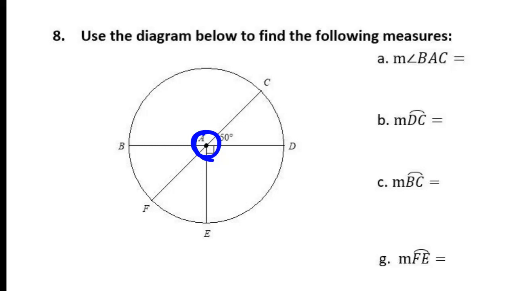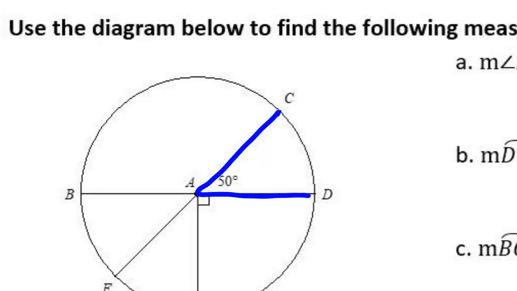What type of angle is that? It's a central angle. Central angles have their vertex right at the center. So there's a whole bunch of central angles in this picture right here. This is the first one that I'm looking at. This is a central angle because right here is the turning point, the vertex of the angle, and it's right at the center.